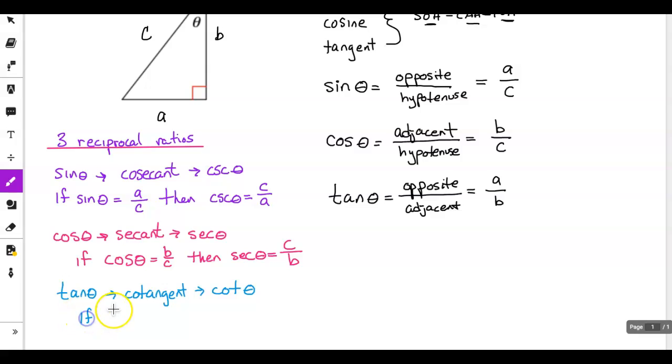As in our triangle, the tangent of theta is A over B, so the cotangent is B over A.